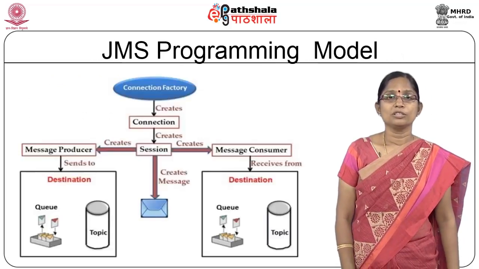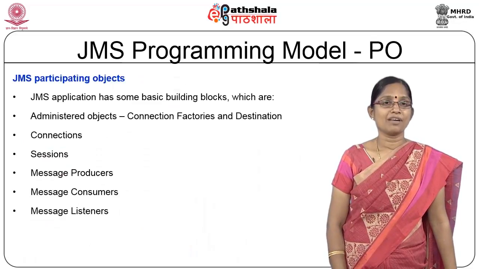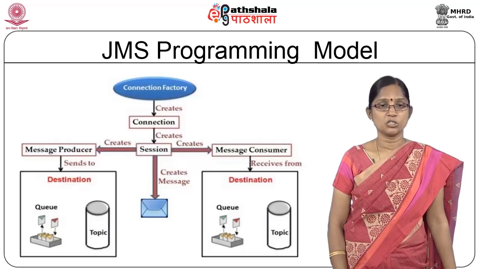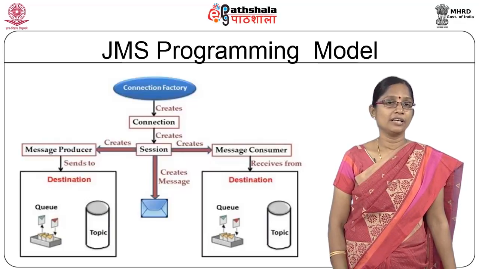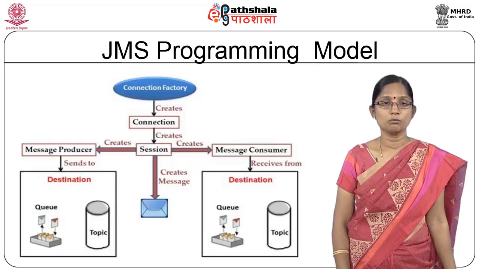First, let us look through the programming model. As I told you already, connection factory belongs to administered objects. Connection factory is the initial thing. Connection factory creates connection, where connection in turn creates session. Session in turn creates message producer. Session in turn creates message consumer also.